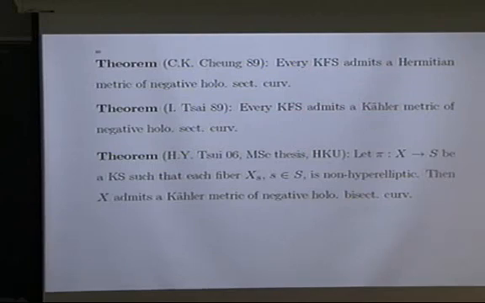If the fiber has negative curvature and the base has negative curvature, then the product metric more or less is already of negative holomorphic sectional curvature, as we have seen in the case of the bidiscs. If you take a trivial Cartesian product of two Riemann surfaces, you already get negative holomorphic sectional curvature for the product metric.